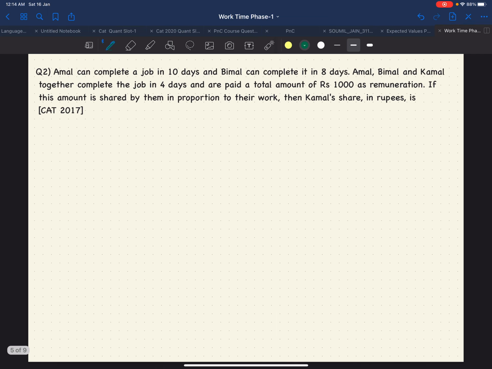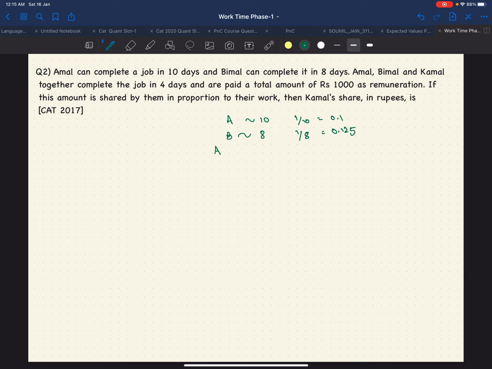Going to the second question, Amal can complete a job in 10 days. Bimal can complete it in 8 days. And Amal, Bimal and Kamal together can complete the job in 4 days. So Amal does 1 upon 10 per day, so 0.1 units he does. Bimal does 1 upon 8, that is 0.125.